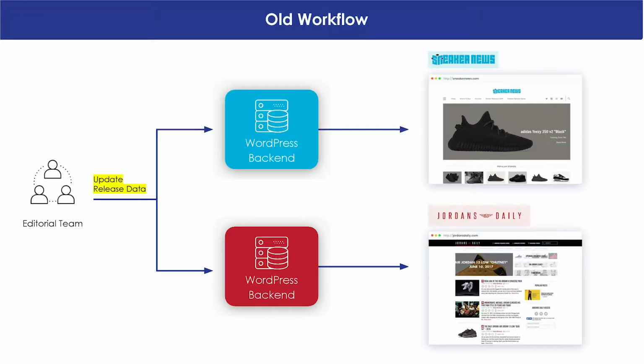And I think 4 years ago, when we started to work with them, this was their old workflow, and in this workflow they had two assets. One is sneakernews.com, and another one is Jordans Daily. They both were pretty simple WordPress setups, but there was one interesting piece of information, which was release data.